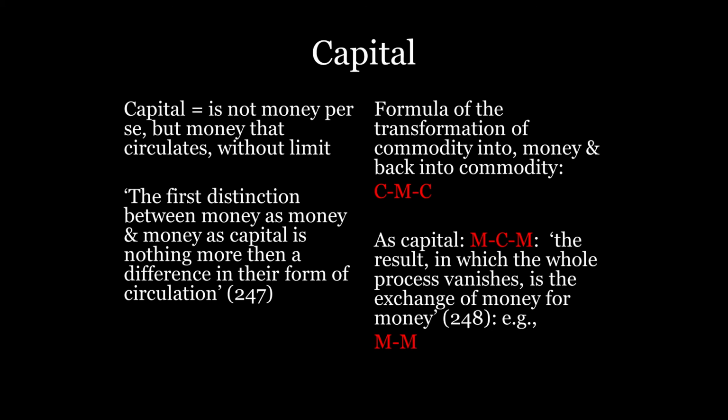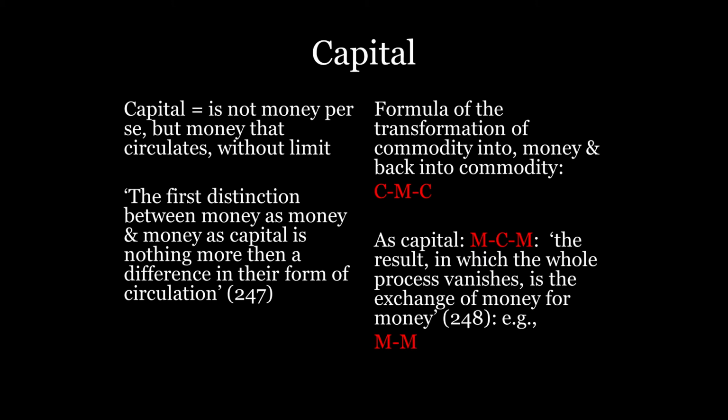And Marx gives us two formulas initially in Capital. The first one is the transformation of commodity into money and back into commodity, which is this formulation C-M-C: commodity, money, commodity. This is the formula that applies if you want to buy a commodity.